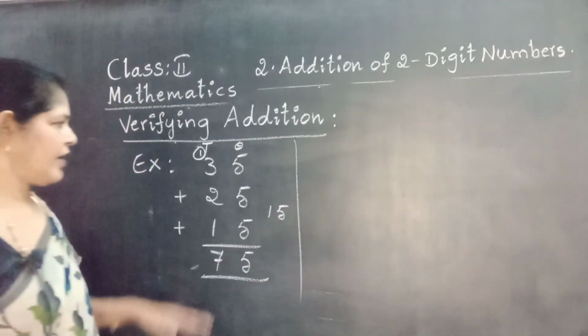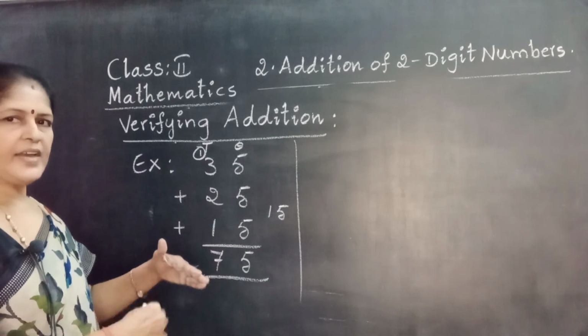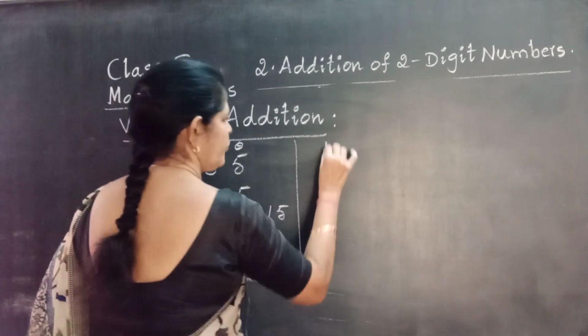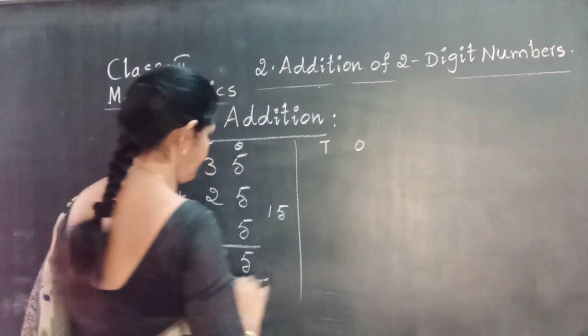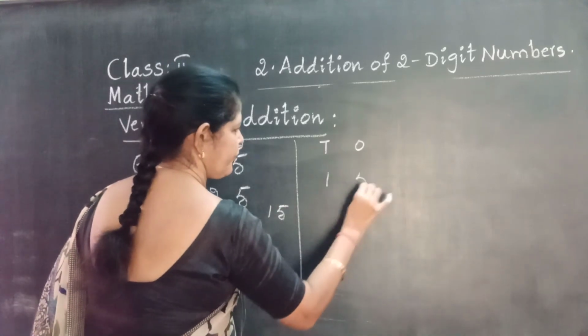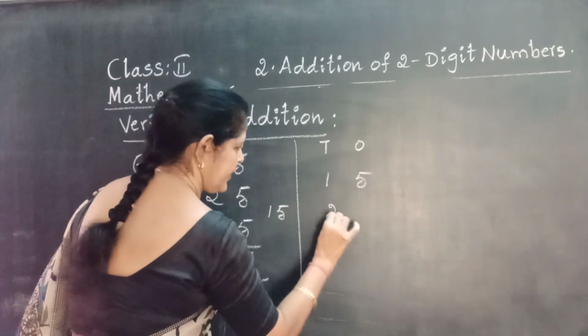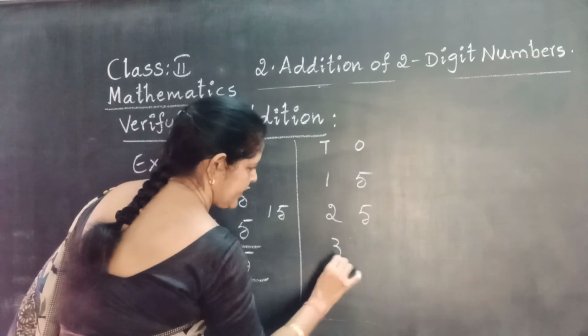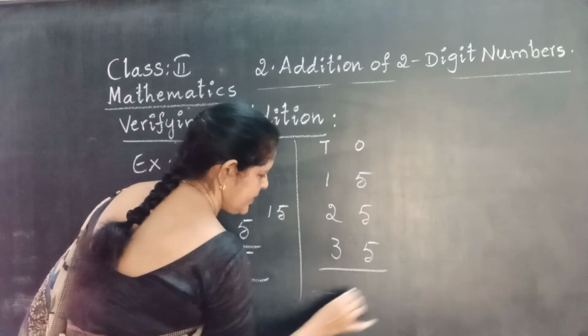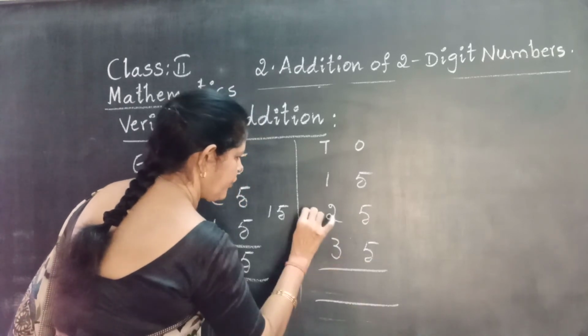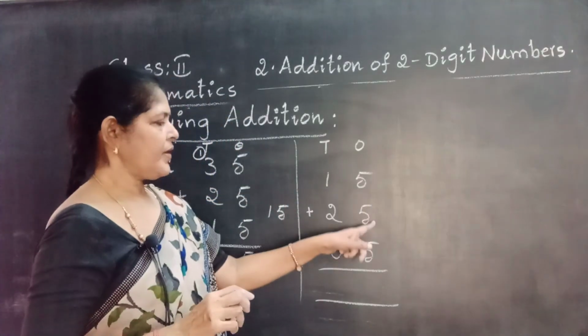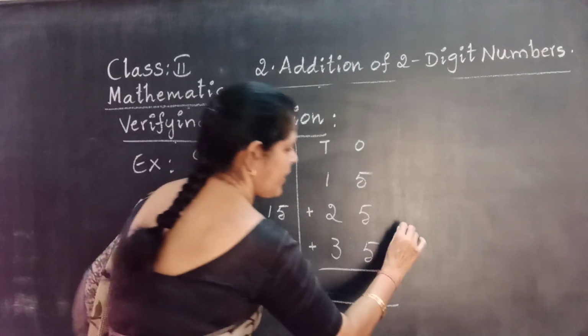Now verifying our addition means write the numbers in reverse order. Put the places, tens place, ones place. Third number 15, second number 25, first number 35. Arrange the numbers like this and put the symbol plus. 5 plus 5, 10. 10 plus 5, 15.